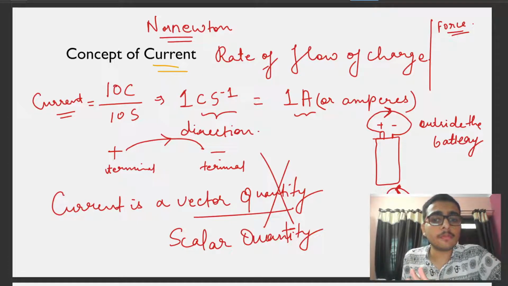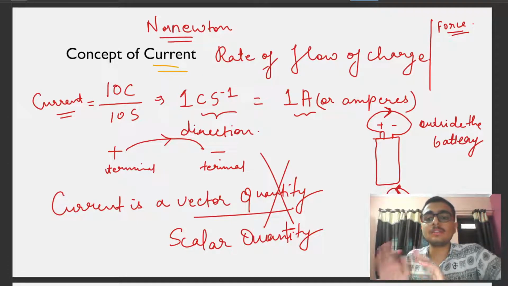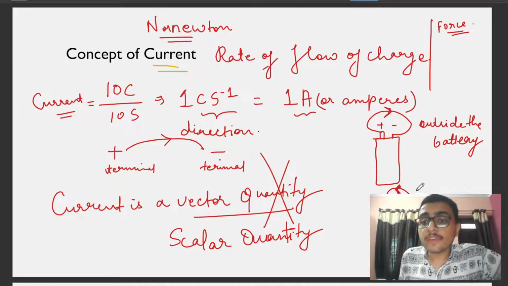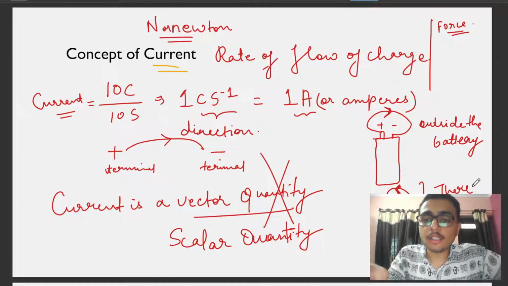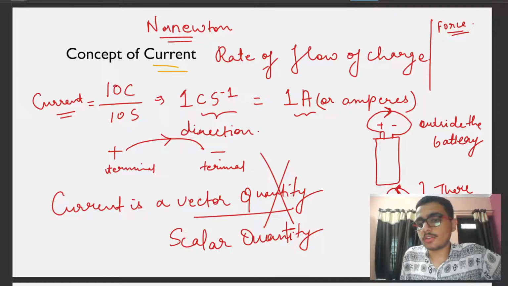It is still flowing from positive to negative. You have just twisted the wire. So when we twist the wire, there are no changes. Had it been a vector quantity, there must have been some changes, but here we have none. Hence it is a scalar quantity.